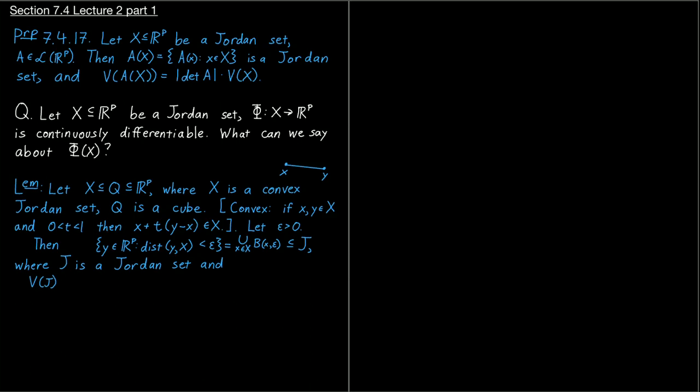X is certainly in this set of all points a distance less than epsilon to X because epsilon is greater than 0. So certainly the volume of J cannot be any smaller than the volume of X, but we can add an arbitrarily small amount.